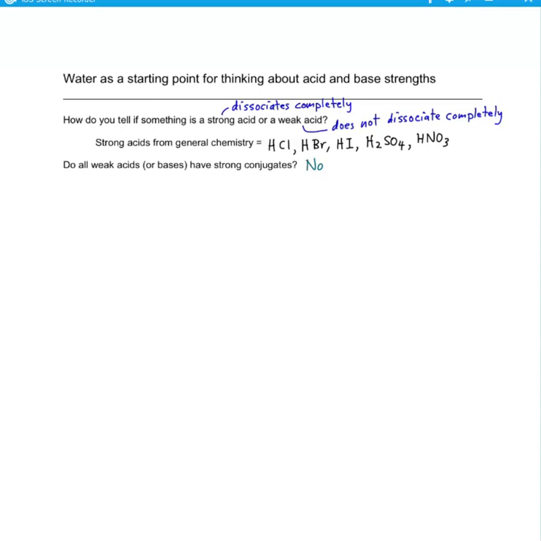What we can say, though, or how we can frame this, is in relative terms. What we can say, and we'd be correct, is that the stronger an acid is, the weaker its conjugate base.